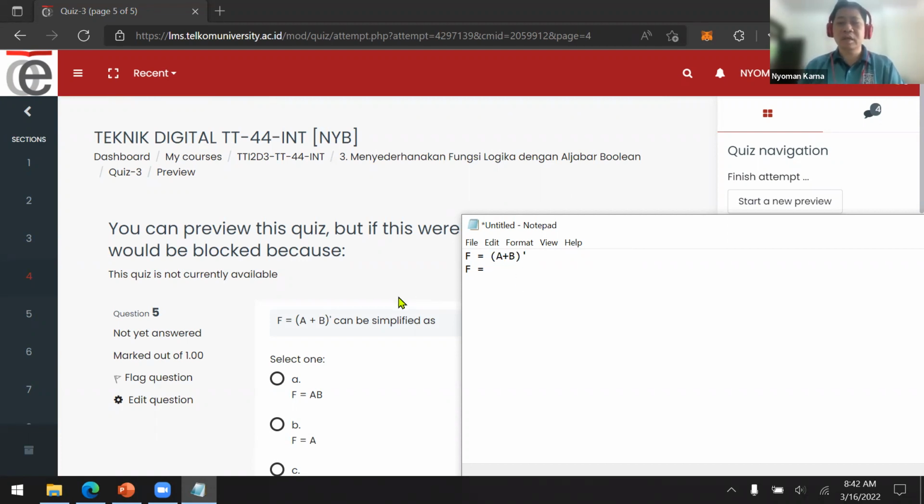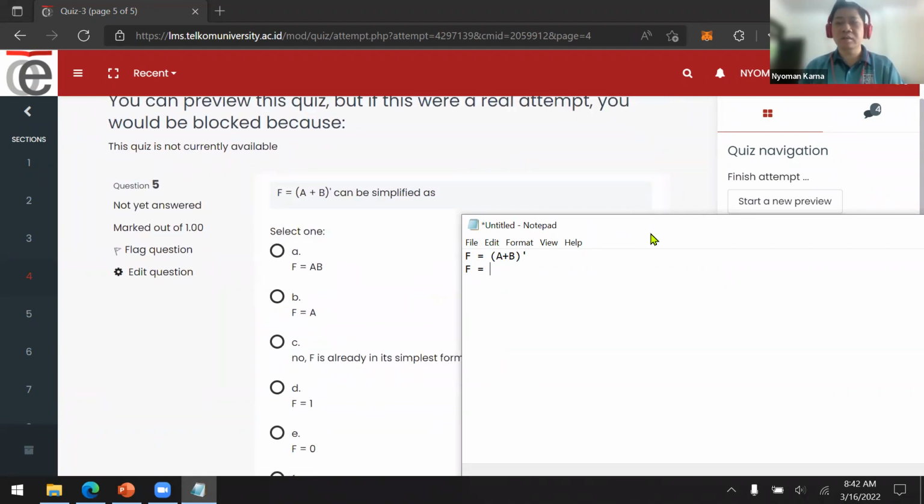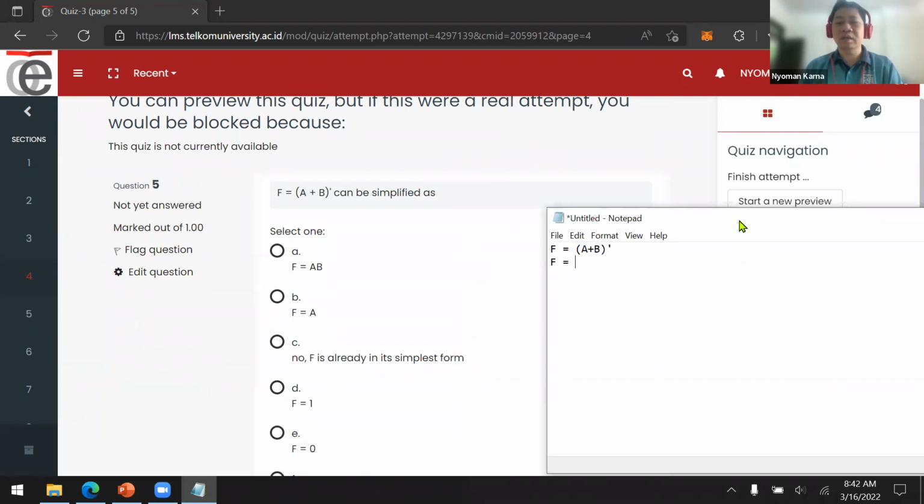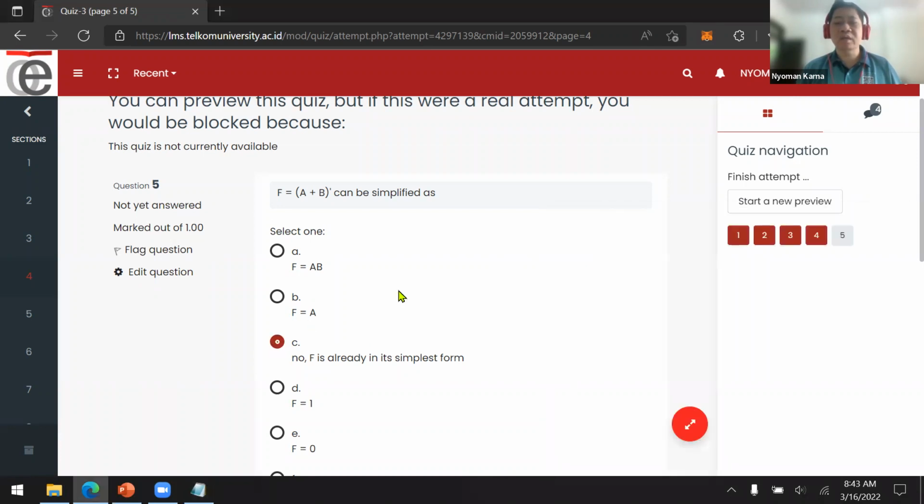In this case, A plus B not is actually already in its simplest form, because we can use De Morgan's law, but it only becomes A not times B not. It's not simpler, it's at the same level as A plus B not. So the answer is no, F is already in its simplest form.